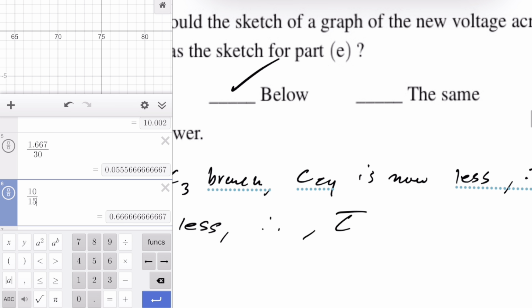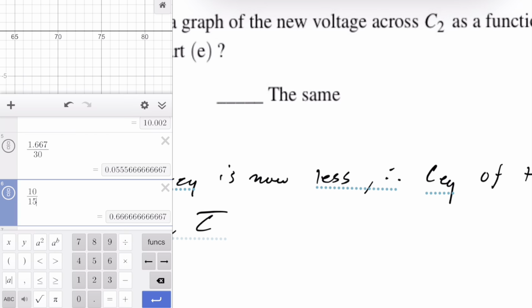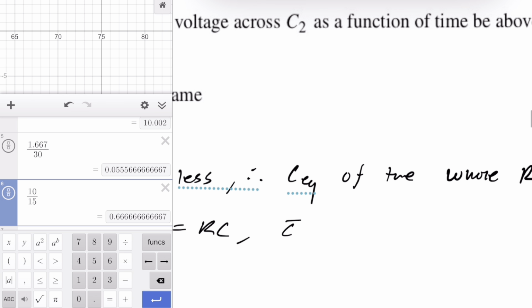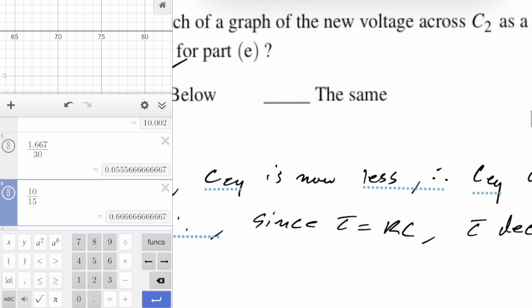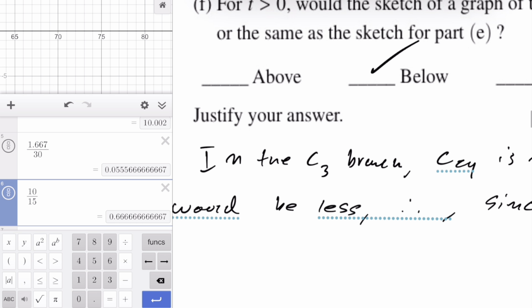Therefore, tau, the time constant, since tau equals RC, tau decreases if C decreases, right?